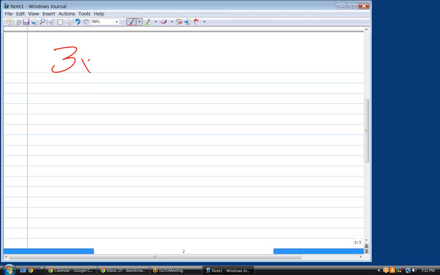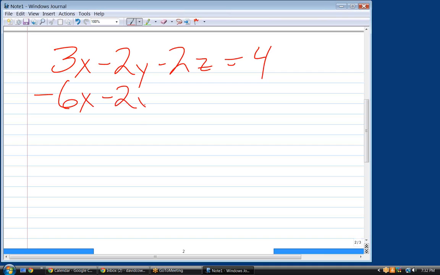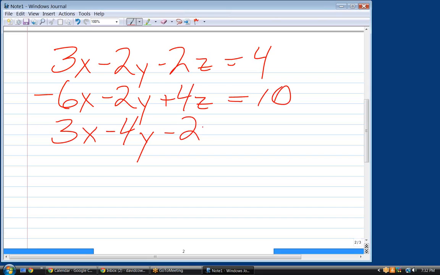3x minus 2y minus 2z equals 4. Negative 6x minus 2y plus 4z equals 10. 3x minus 4y minus 2z equals negative 13.